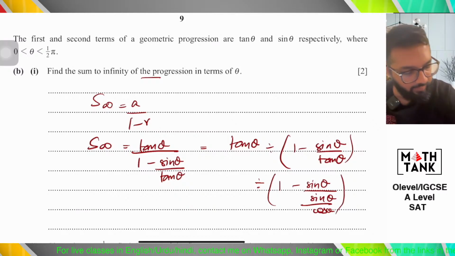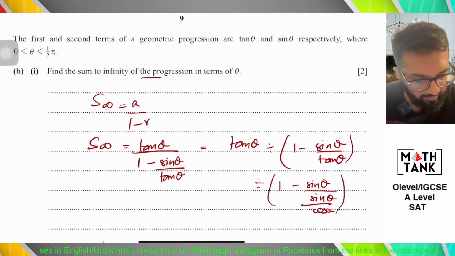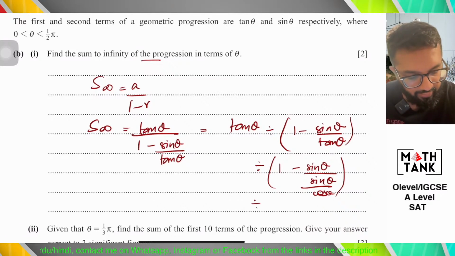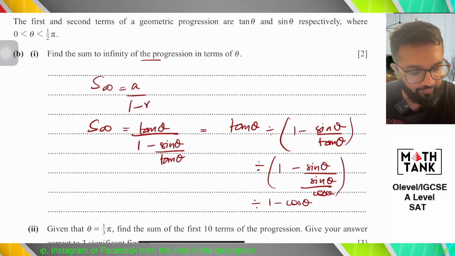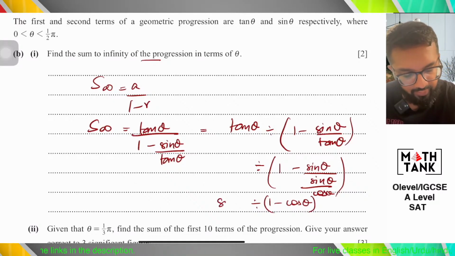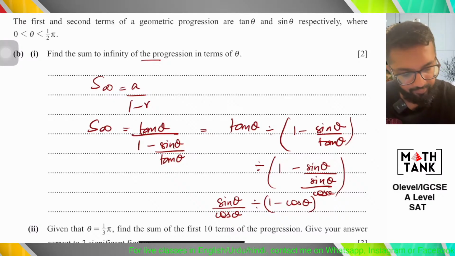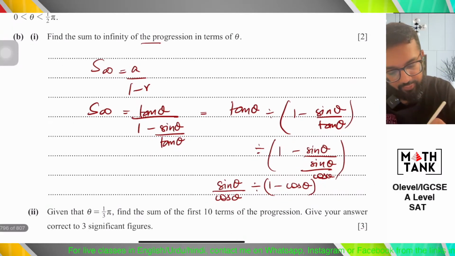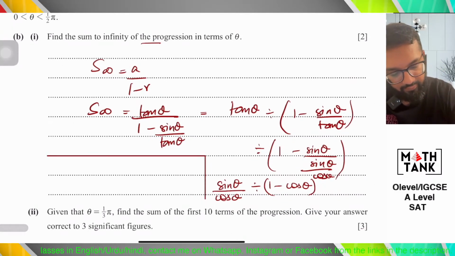Okay, that gives me cos theta. So sine theta over cos theta. I run out of space because it's a very weird way.